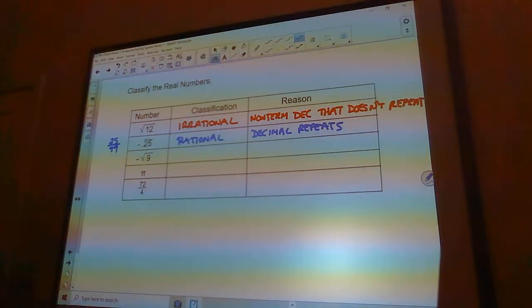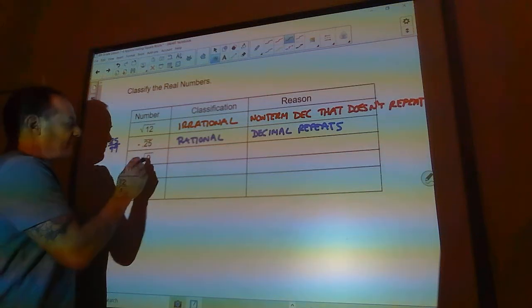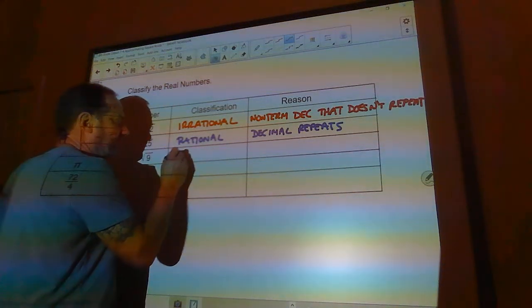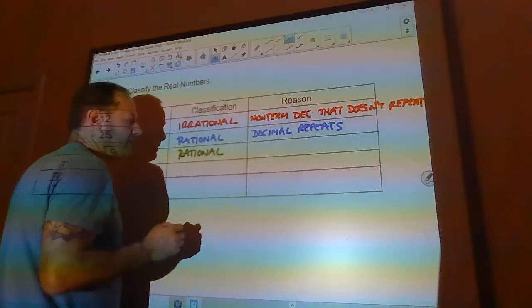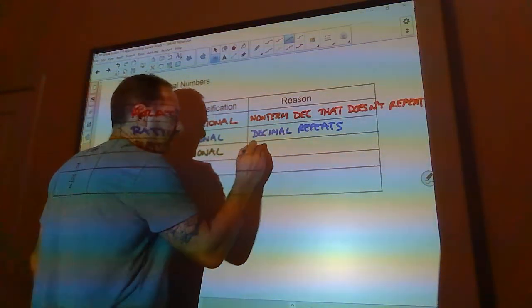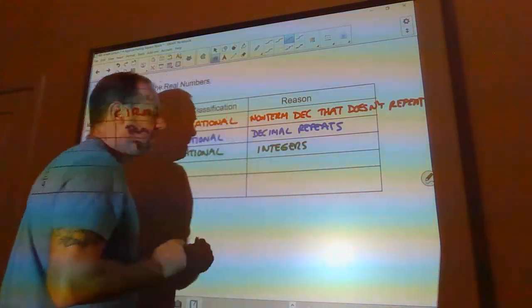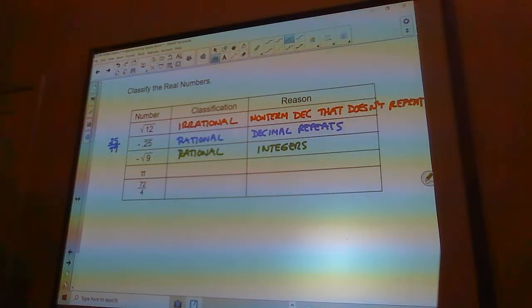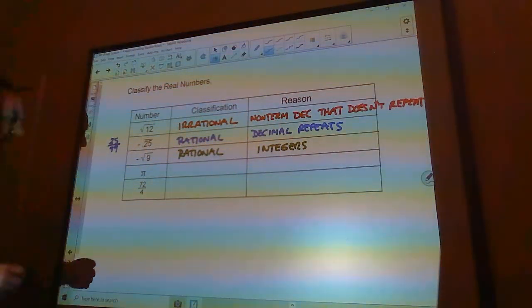All right, negative square root of 9. Well, that's just going to be negative 3, so that's definitely a rational number. It's actually an integer, and all integers are rational numbers. Okay, pi is irrational.